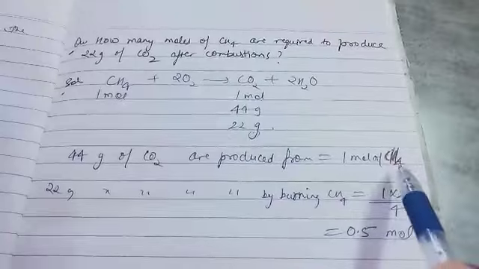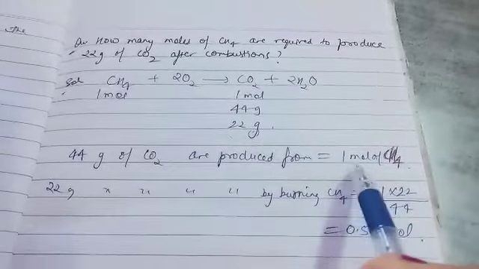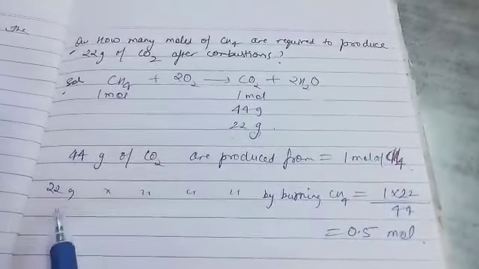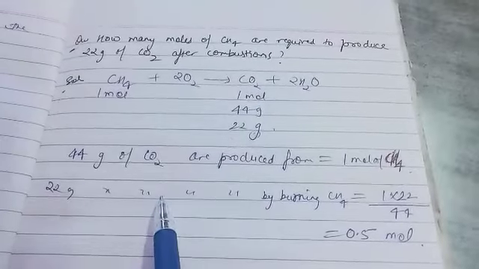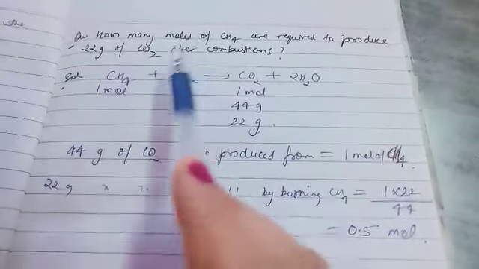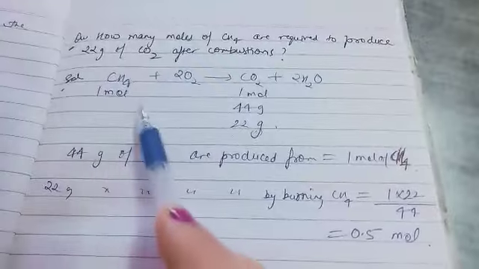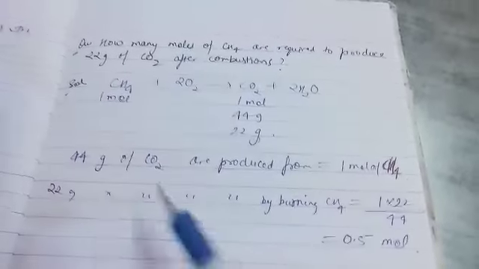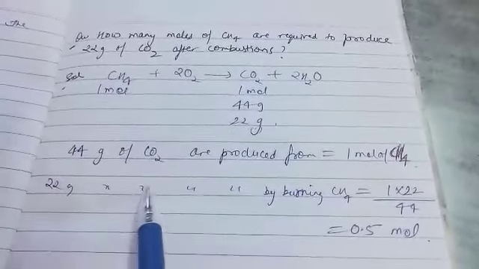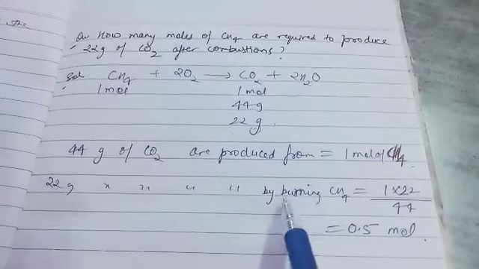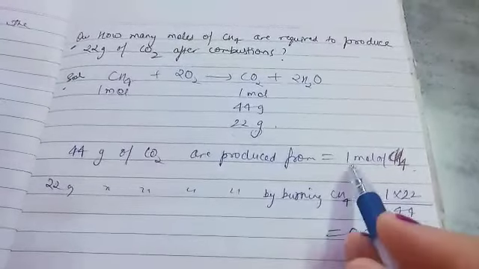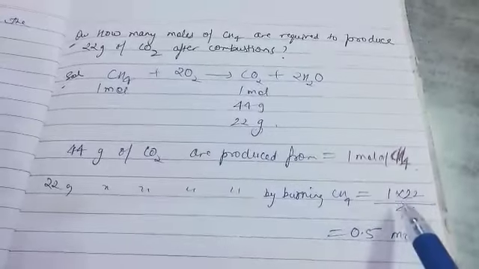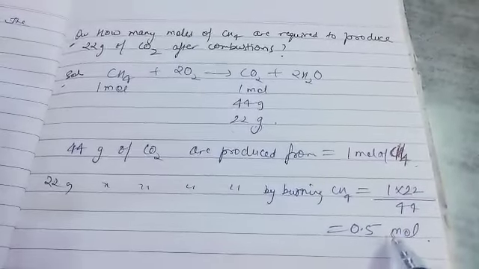From 1 mole of CH4, 44 gram is produced. So what about 22 gram of CO2? How many moles are required? Because you have to calculate moles, no need to convert it into gram. So 22 gram of CO2 is produced by burning CH4. That is 1, 44 goes down, 22 goes up, and your answer is 0.5 mole.